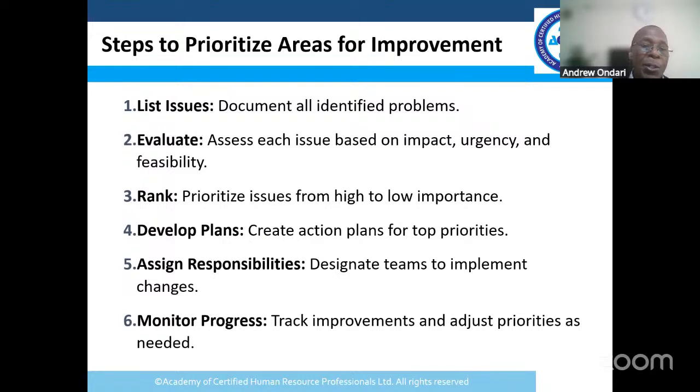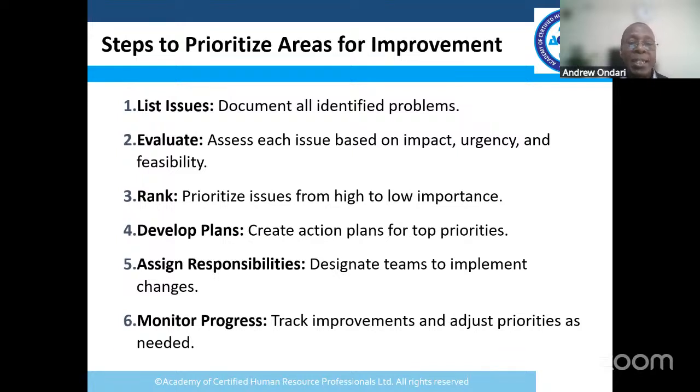And once you have prioritized, the next step is to develop implementation plans so that those that are key are done first, and those that can wait are put on the waiting list.